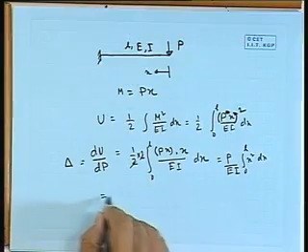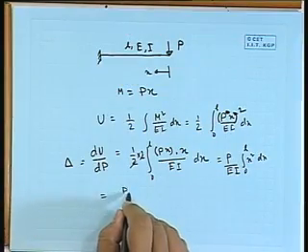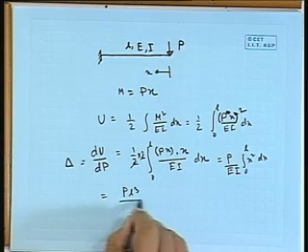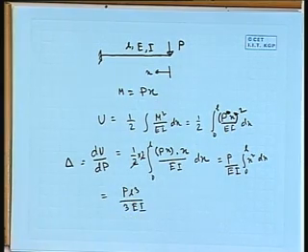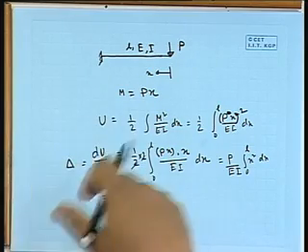So, the whole thing leads to pL cube by 3EI, and that expression we have determined by the moment area theorem or the differential equation technique. It is a standard expression. So, here we obtained it through the energy principle. We have written the expression of m under u, put it there and taken the derivative.